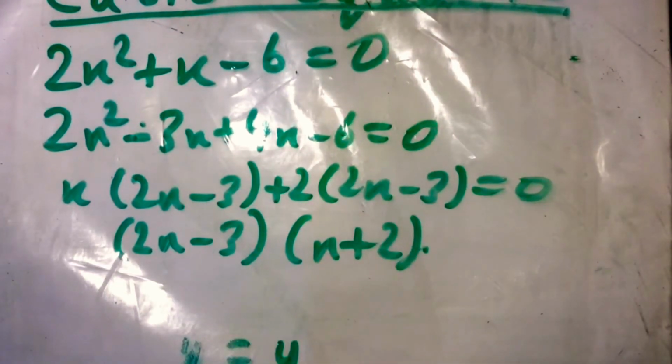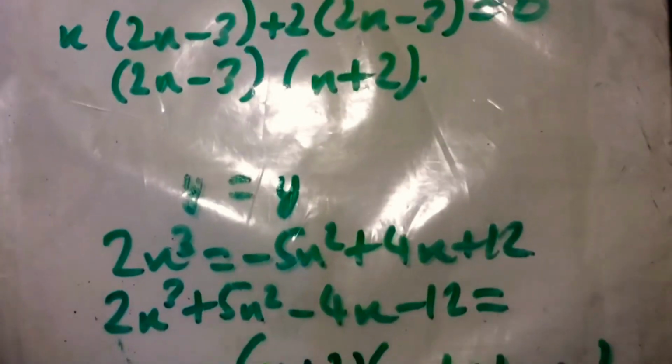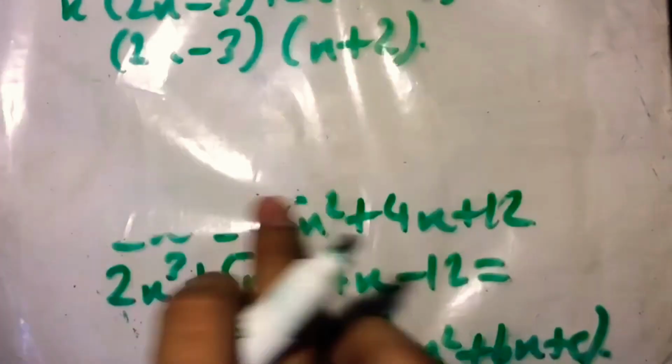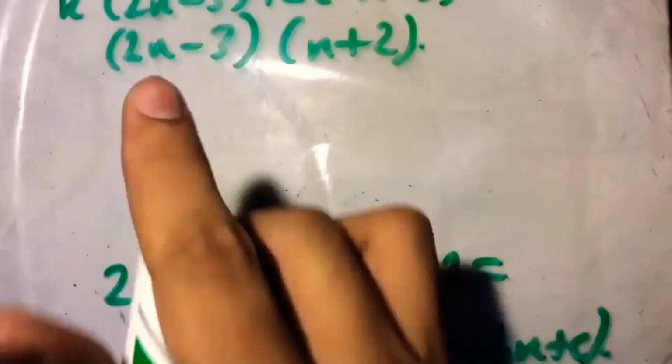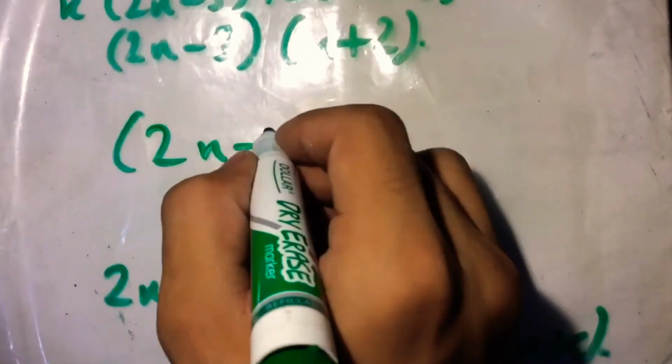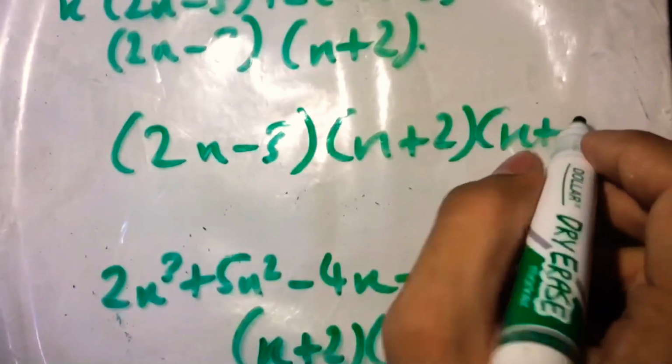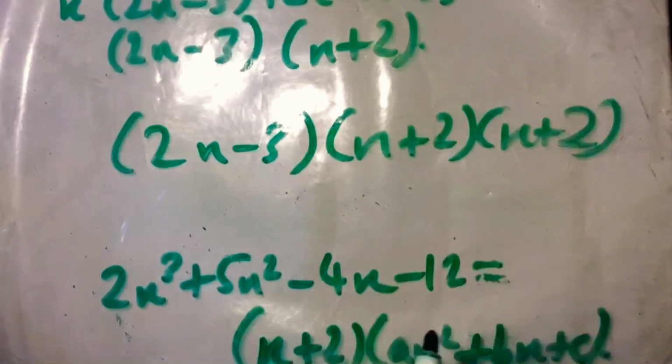Now if we want to write this equation in the form of its factors, it will be 2x minus 3, x plus 2, and x plus 2. X plus 2 is repeated.